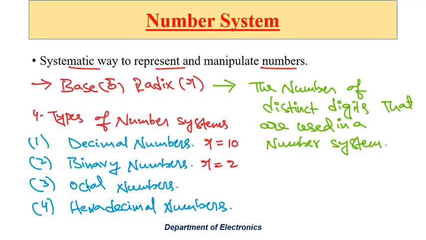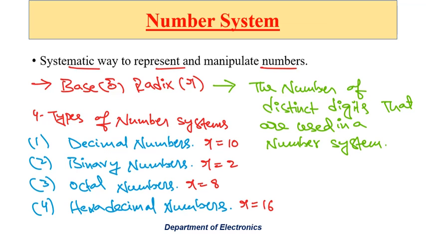It uses two different symbols to represent a number. For octal number system, the base value is 8, octal stands for 8. So it uses 8 different symbols to represent a number. For hexadecimal number system, its base value is 16. That means it uses 16 different digits or 16 different symbols to represent any number.